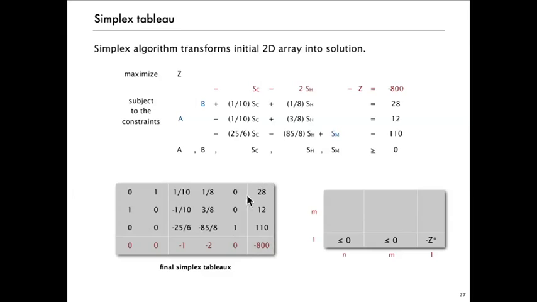And not only that, they tell us how many barrels of beer and ale to make, because we're sitting at a point where we have our A and B in the basis, therefore the slack variables are 0. So it just tells us immediately that we better make 28 barrels of beer and 12 barrels of ale. So that's the idea. We just work with the elements in this tableau.